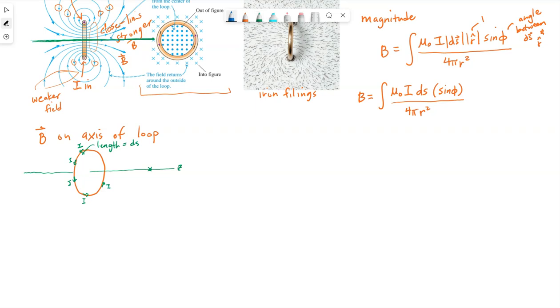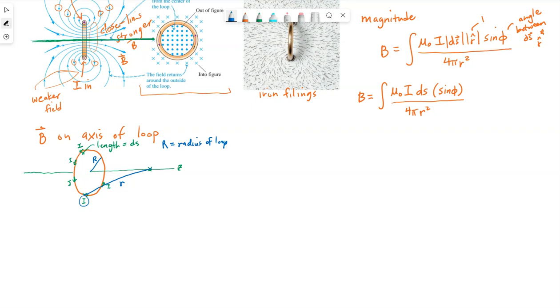We're going to call the radius of the ring itself capital R. So the capital R is the radius of the loop or ring. In our equation, though, for calculating magnetic field, the R we want, I'm going to choose this piece down here, is the distance from this piece of wire out to the point we are interested in, where we want to calculate the strength of the magnetic field.